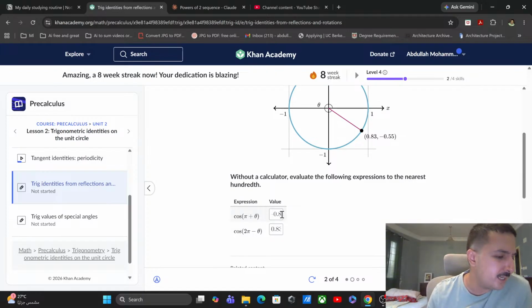And what did you say? Cosine is the y. Am I correct? Cosine is the y. It's not tangent anymore. So we're going to end up here, and the cosine is minus 0.55. Okay, we're going to go here, minus the theta, the cosine, which is the y, equals 0.